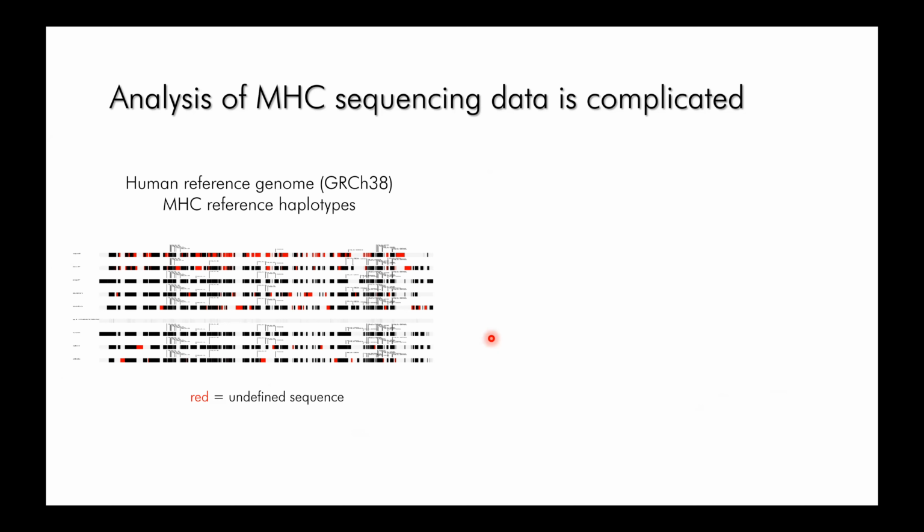And what you're seeing here is these MHC haplotypes, and whenever a region is highlighted in red, that means that the underlying sequence is still undefined. So even in the human reference genome, the MHC haplotypes are not fully complete.